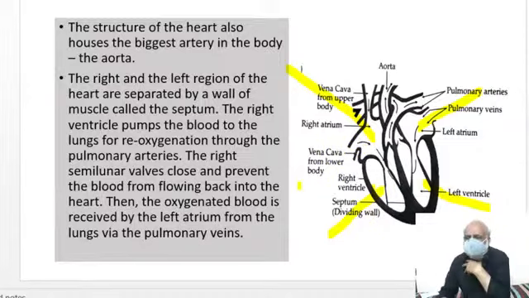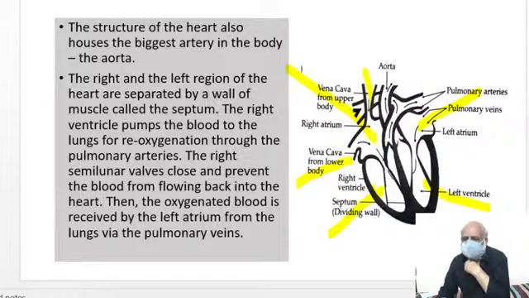Now, blood comes from the lower part and upper part. The veins are known as vena cava. Upper one is superior vena cava. Lower one is inferior vena cava, and dump the blood in the right atrium.